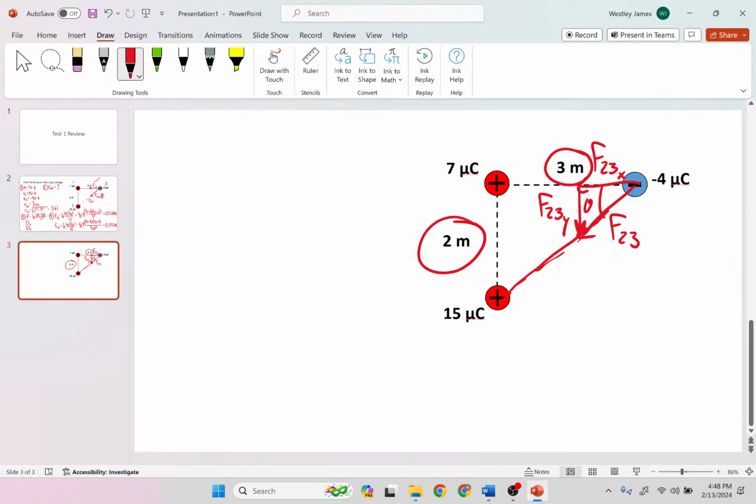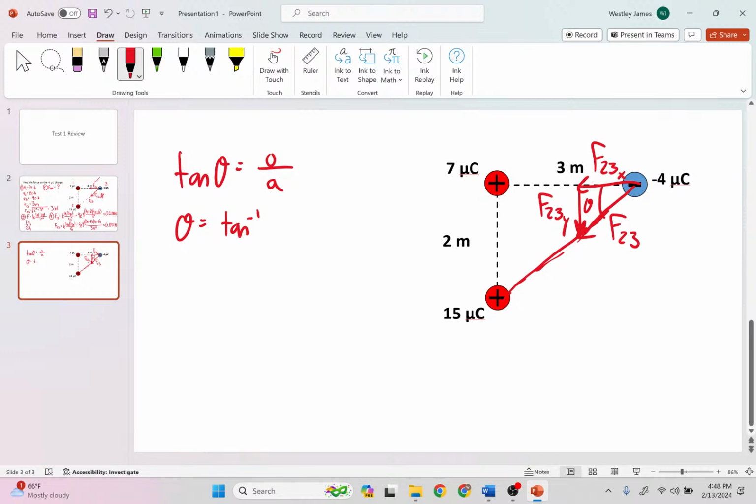So the angle is tangent inverse of opposite over adjacent. So tangent of theta equals opposite over adjacent, so theta equals tangent inverse. What's my opposite? 2. What's my adjacent? 3. And that spits out an angle.